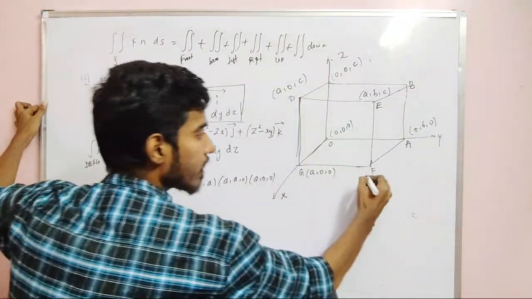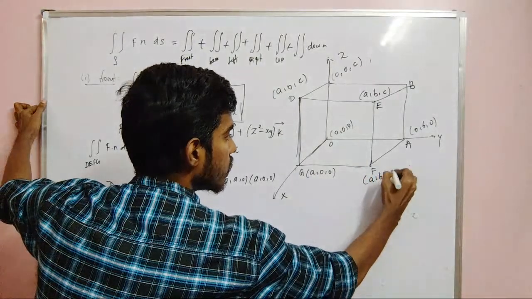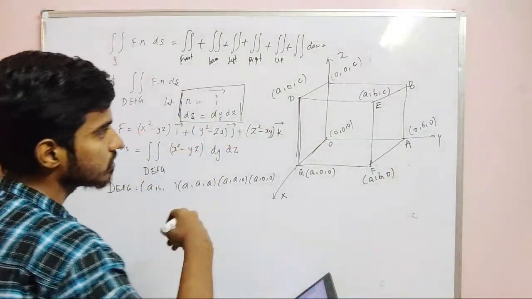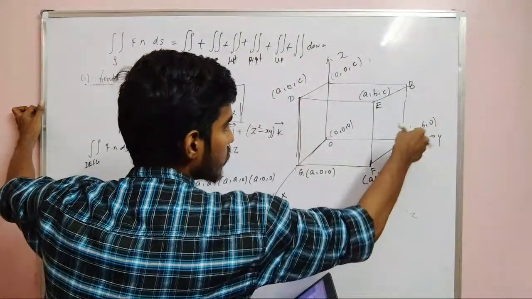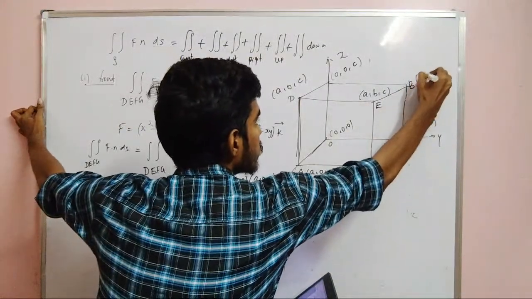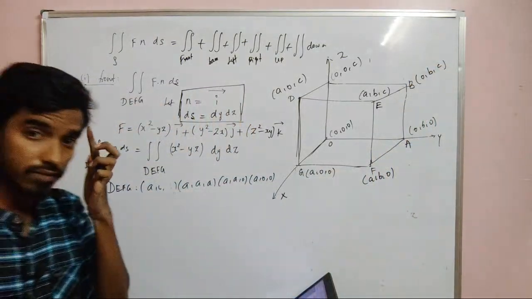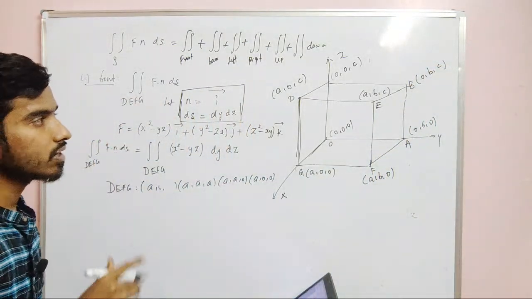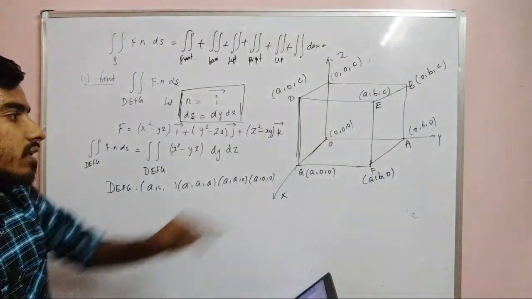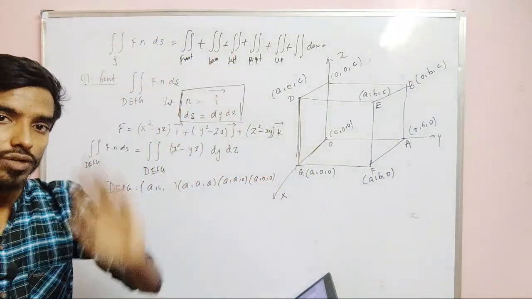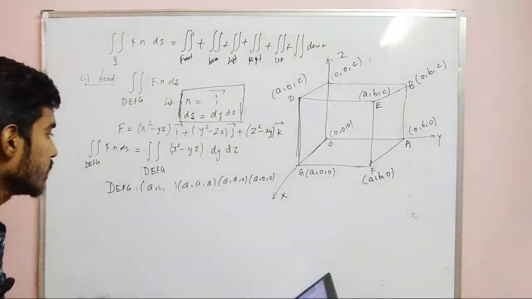We are moving in y direction, so this is a comma b comma 0, and this point is 0 comma b comma 0. We are moving in z direction, this point is 0 comma b comma c. So these are the 8 vertices, right? I first had taken all the bounds to be equal to a, but whenever you are moving in x direction, you take a, y, b, z, c.